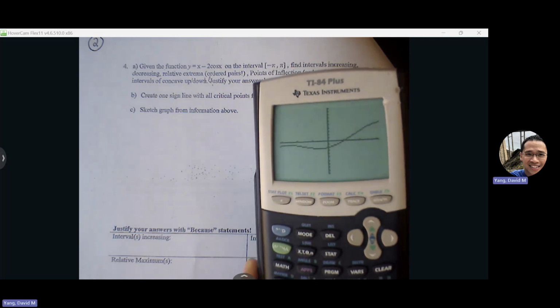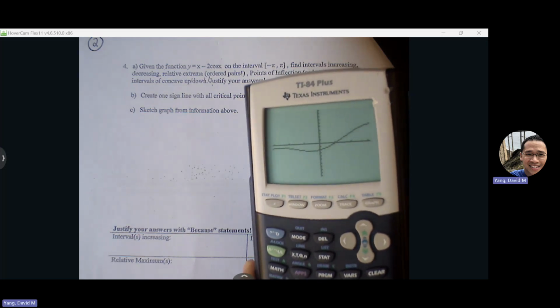Okay, so we know that after we gather all the information from the first derivative test and concavity, we should be able to create a graph that looks like this.